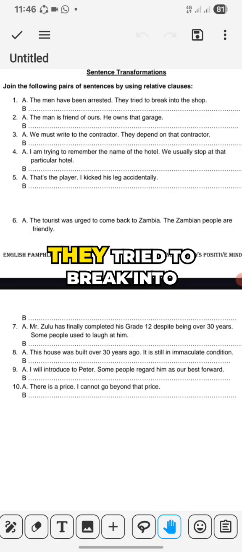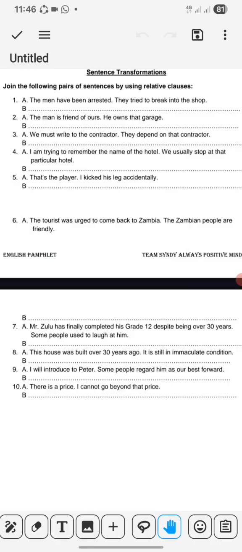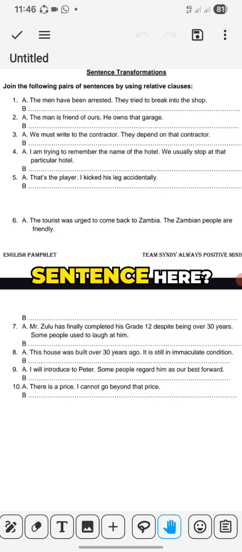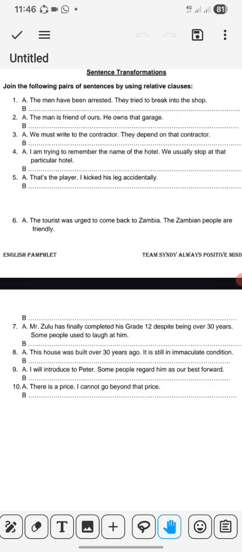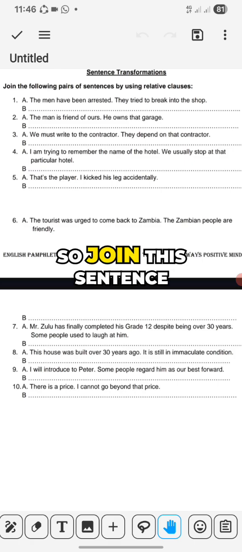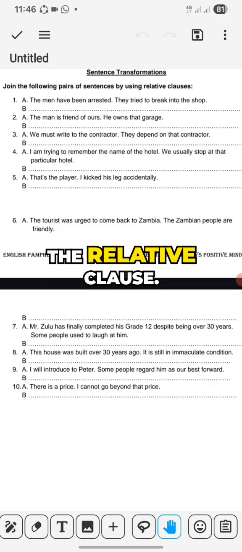They tried to break into the shop. Now, how do we join this particular sentence here? The men have been arrested. They tried to break into the shop. Join these sentences using the relative clause.